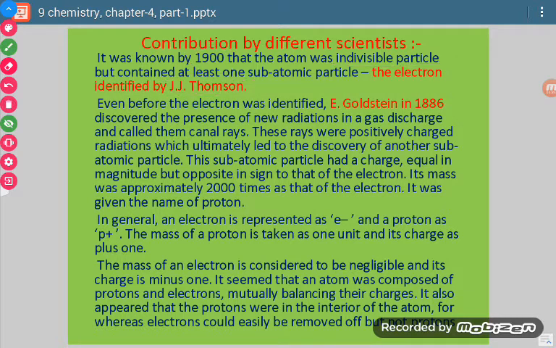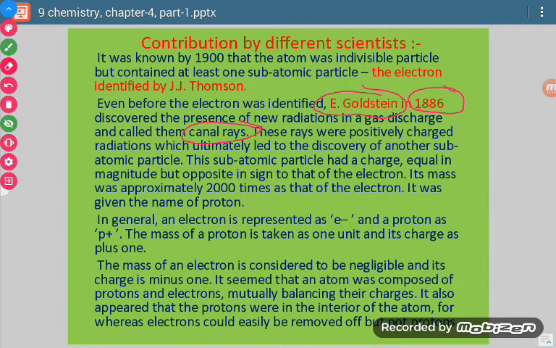One more scientist, E. Goldstein, in 1886 discovered the presence of new radiations in a gas discharge and called them canal rays.